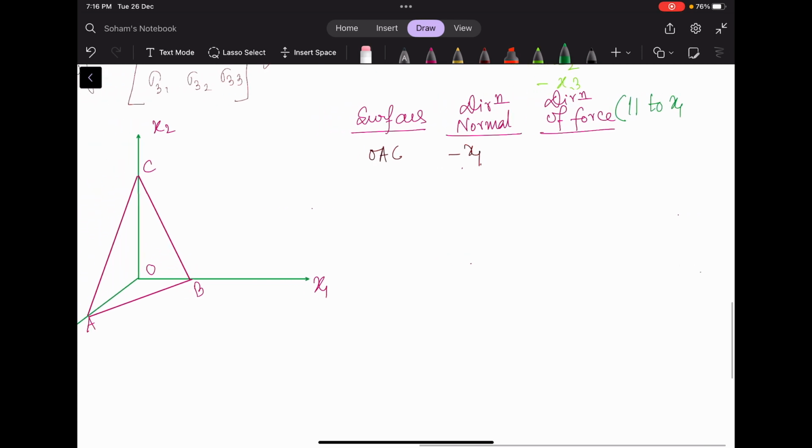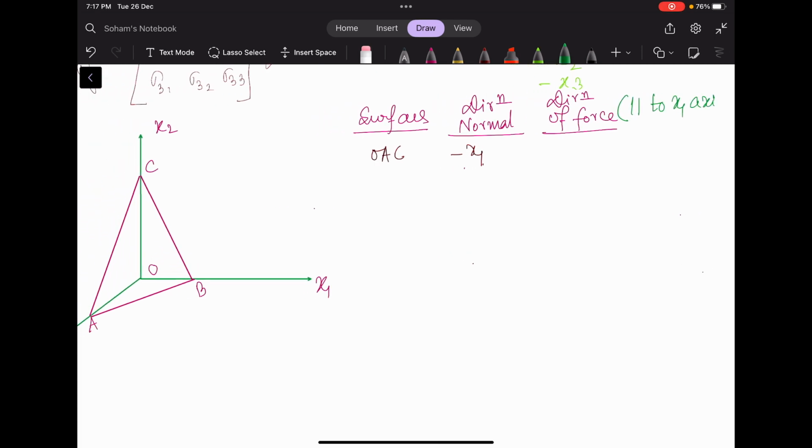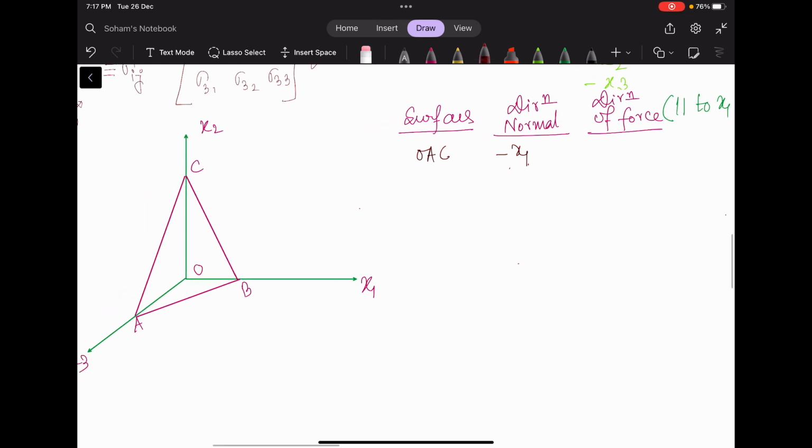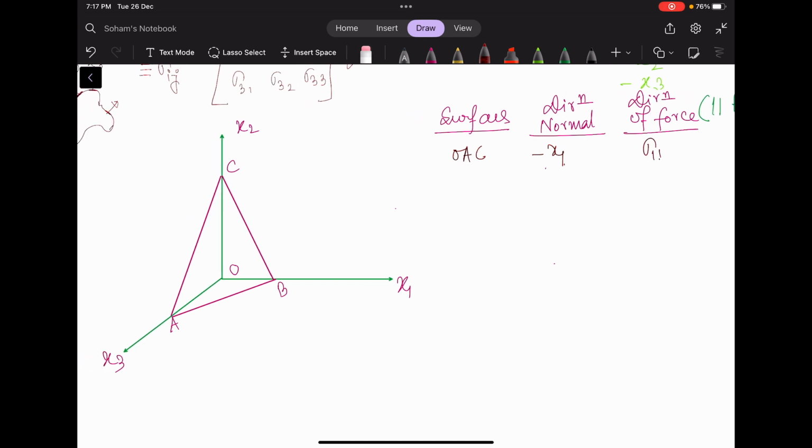Parallel to the x1 axis, so it has to be in x1, so this will be sigma 1 1. But the direction will not be along positive x1, it will be along negative x1. The reason, I think, should be clear by now: because it is having minus x1, the positive force should be in this direction. Now the surface OBC, the direction of normal is towards minus x3, so sigma 3 1.